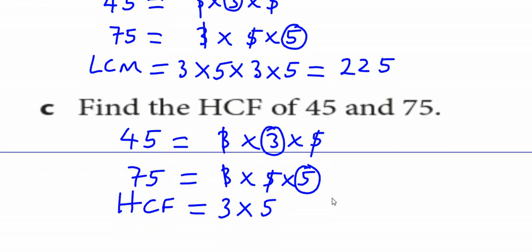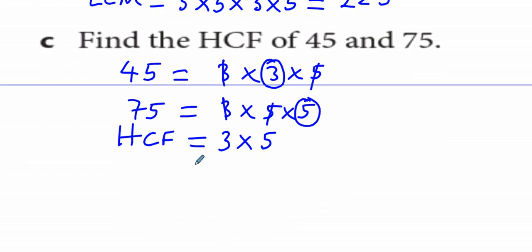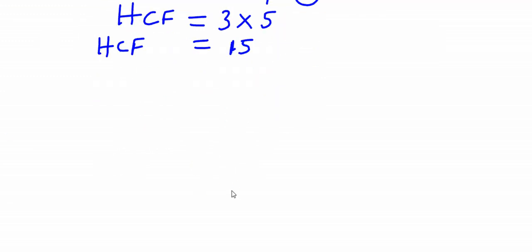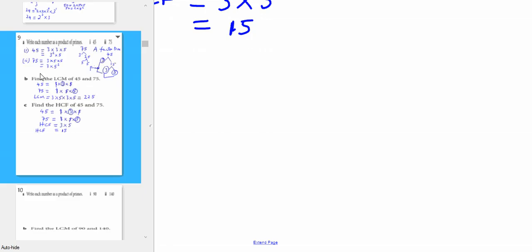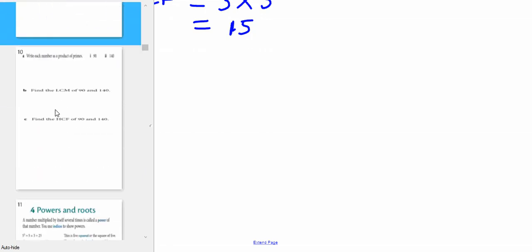So we multiply them. 3 times 5 gives you 15. So the HCF of 45 and 75, from the concept of prime factors, is 15. So far so good, and this marks the end of that page.